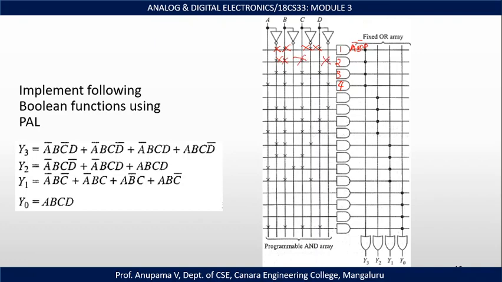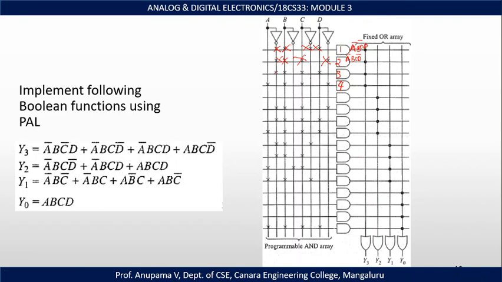Draw X against A bar, B, C, D bar of AND gate 2. The output of AND gate 2 is the input for OR gate Y3.